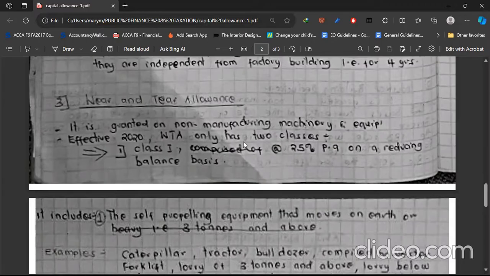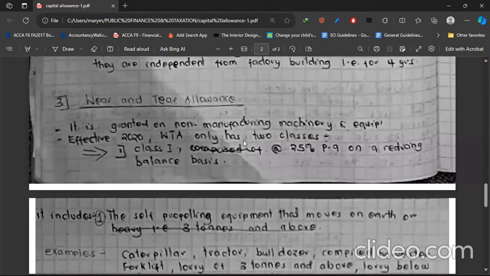So the assets which used to qualify for class 1 to 3 were merged together, and now they qualify for class 1 at the rate of 25% per annum on a reducing balance basis.